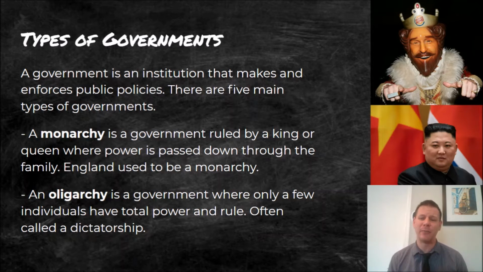The first type of government, which is something all of us know if you've watched a Disney movie, right, is a monarchy. It's a government where the people are ruled by a king or a queen. Most Disney movies have princesses and princes and stuff like that. Those are monarchies, right? So what does that mean? Again, all power, all control, all decisions, all laws come from that person with the crown on their head.